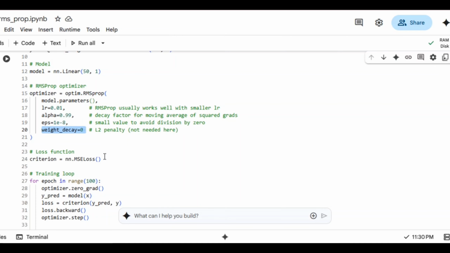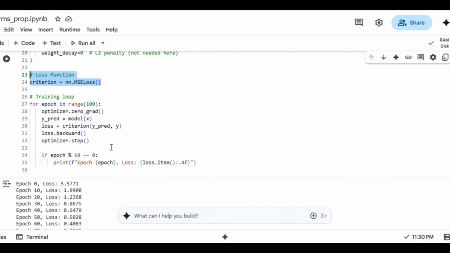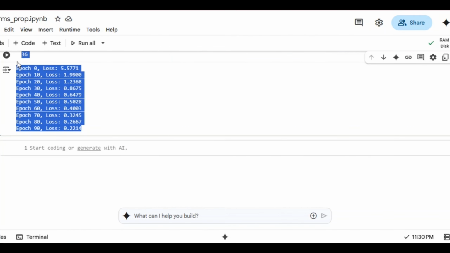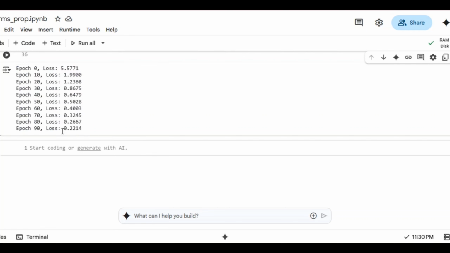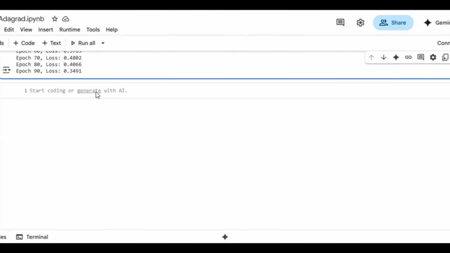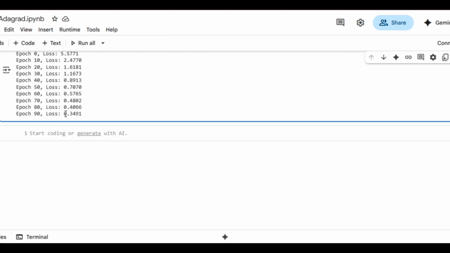Now as this is a regression problem, we choose the MSE loss function, and this is our training loop and our results. These are our training results for the 100th epoch. The loss value is 0.2214. At the 100th epoch I got the loss as 0.2214, but previously on the same dataset the AdaGrad optimizer got a loss around 0.3491.